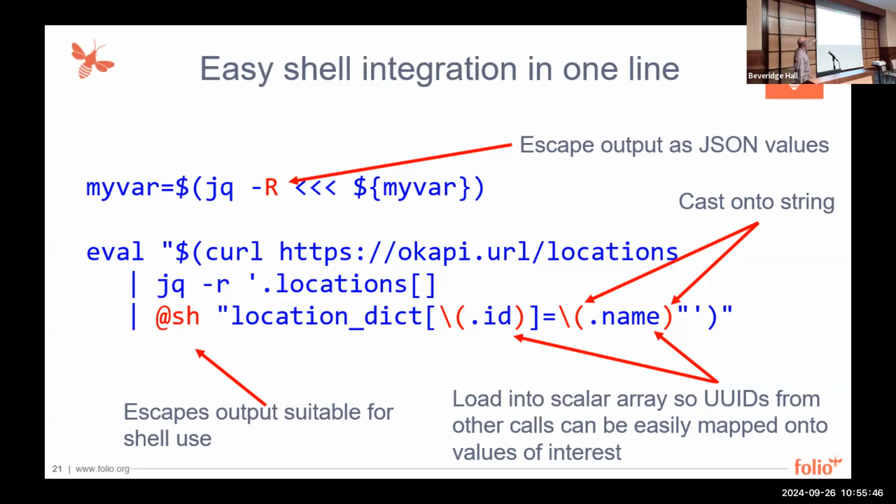So what I've done here is hit the locations endpoint and create a dictionary based on the ID, which catches the name, assigning the variable all in a single line. So now when you get your report, for example, of where things are located, you can just put the name down rather than the UUID. And this generic tactic works all the time.